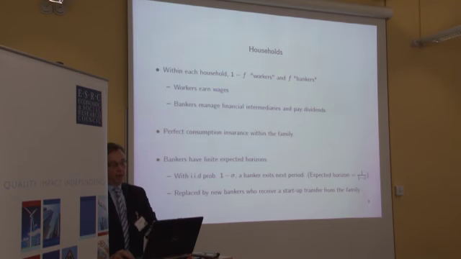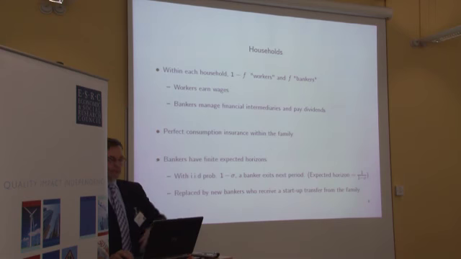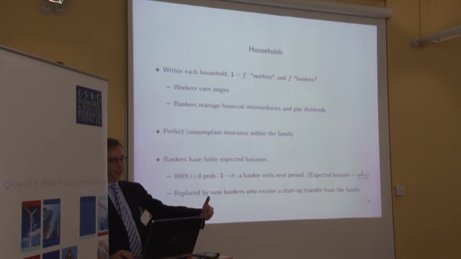So the way we limit this building up, or another way to think about it, the way we encourage a payout of dividends, is that with IID probability 1 minus sigma a banker has to exit. We make the exit probability low, so bankers can have a long expected horizon, but they don't last forever. This is needed to get them to eventually make payouts. They're replaced by new bankers who receive a startup transfer from the family. This is a very simple way to maintain aggregation, but to have distinct banks and also have dividend payouts.